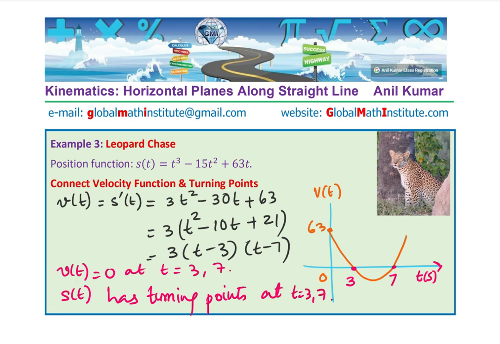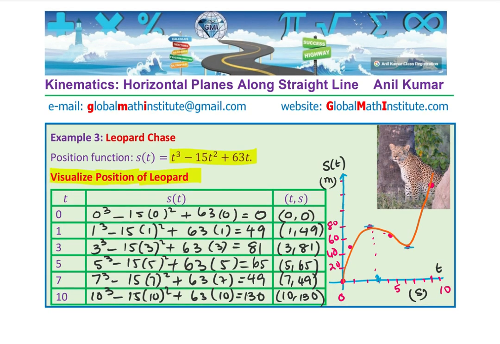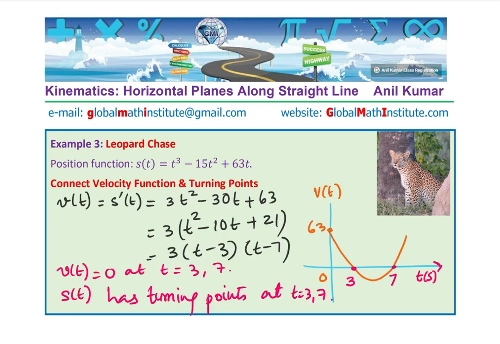You get the idea. So let's confirm. Let's go back to our position equation. And what do we see? We do see that at 3 and 7, we do have these turning positions, correct? So I'm highlighting the values. So 81 at 3 and 49 at 7, correct?